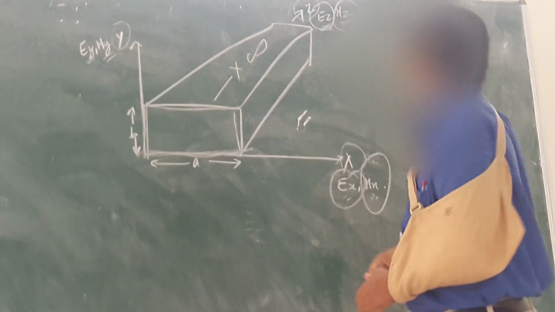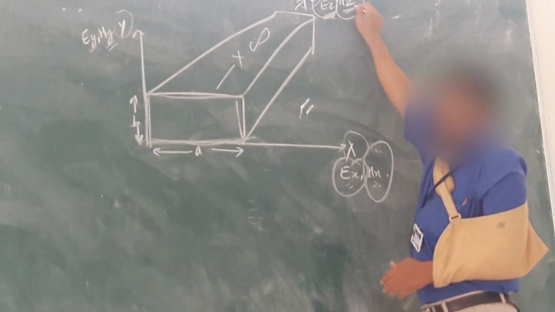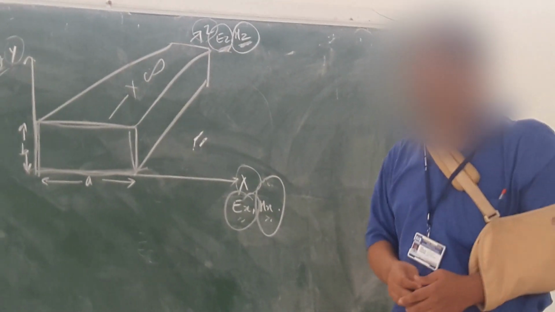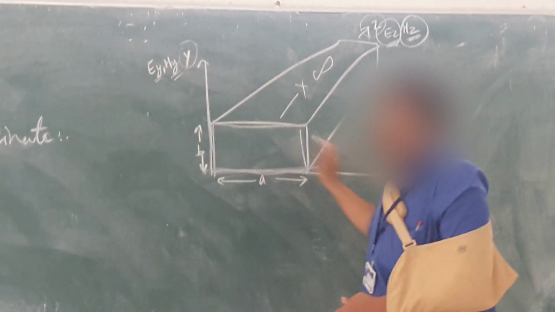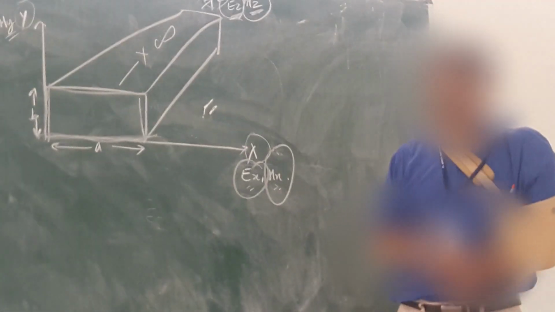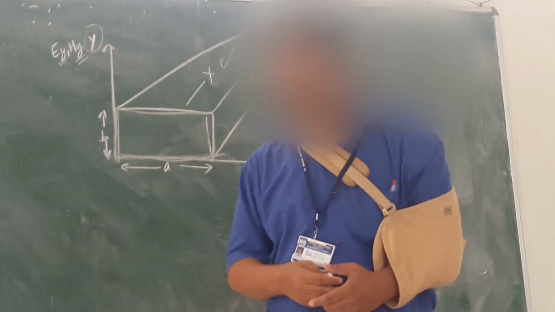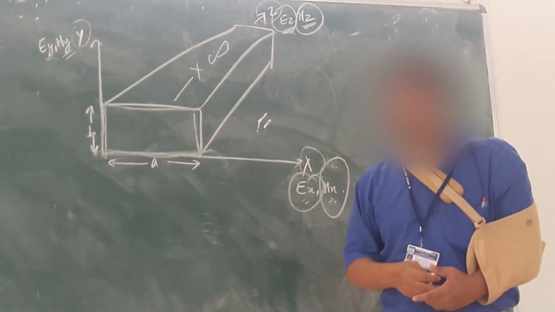So we just have to focus on these two components. These are the axis components, and these are the transverse components. If we can calculate the axis components, we can calculate the transverse components also.